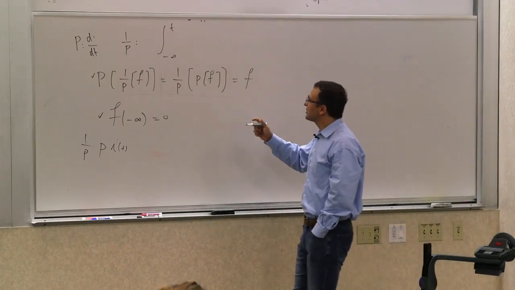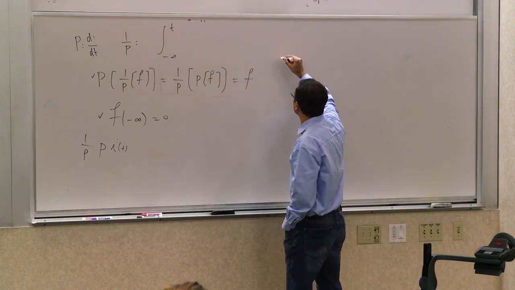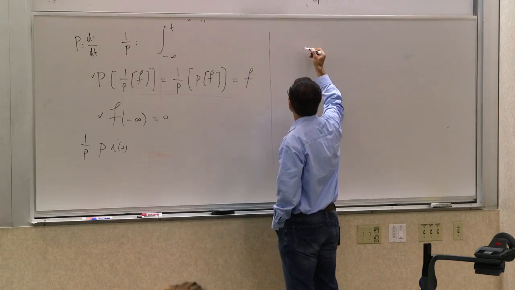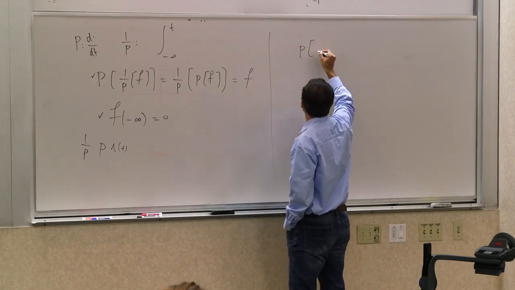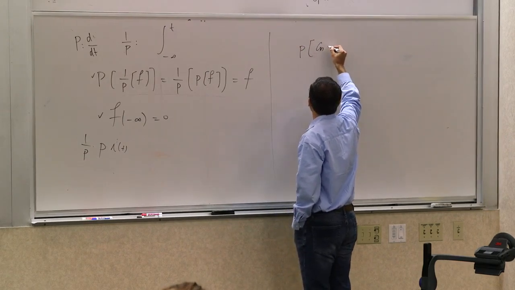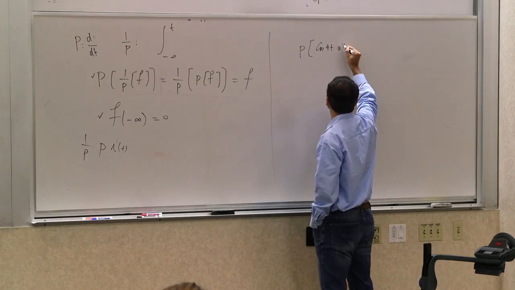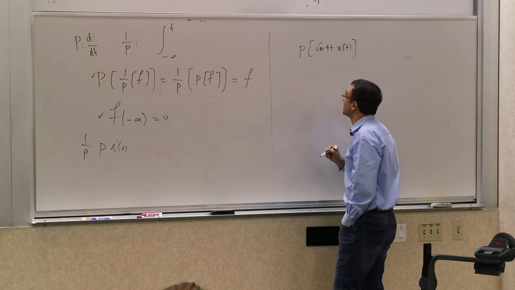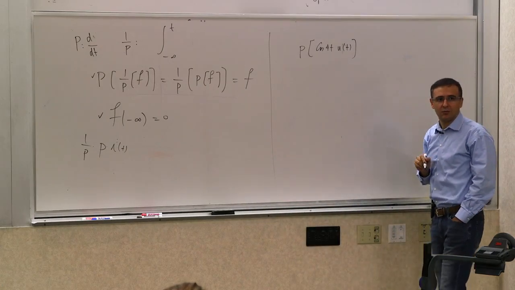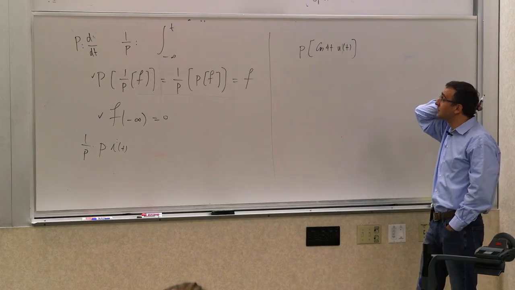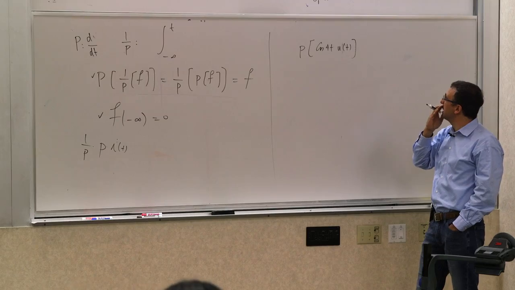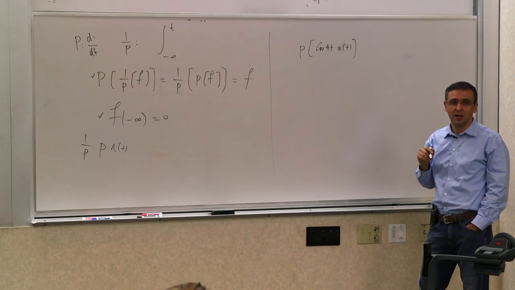So let me just do 2 quick examples before we wrap this up. Let's say I want to see what is the P of cosine of 4t u of t. What is this function? What is P of cosine of 4t times u of t?